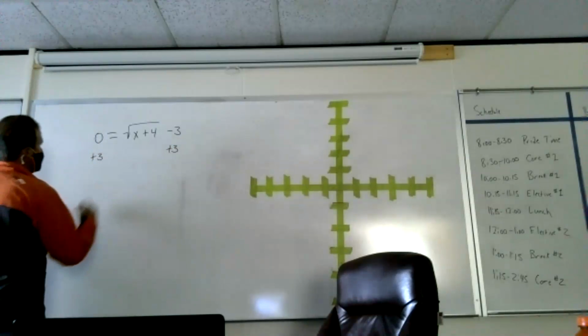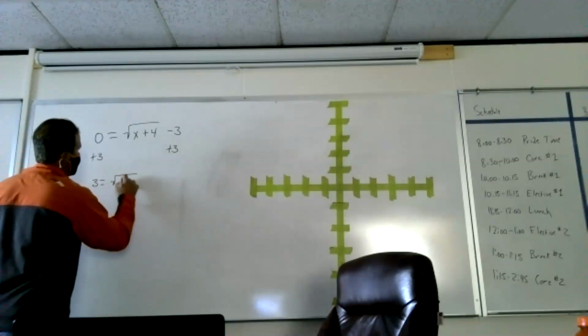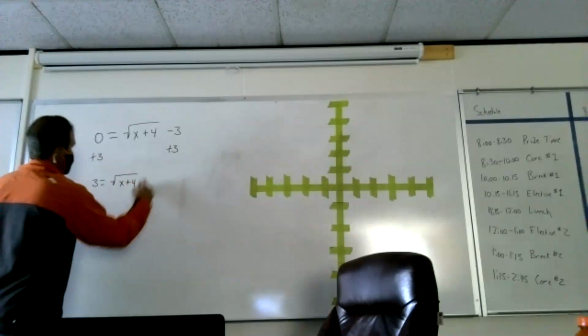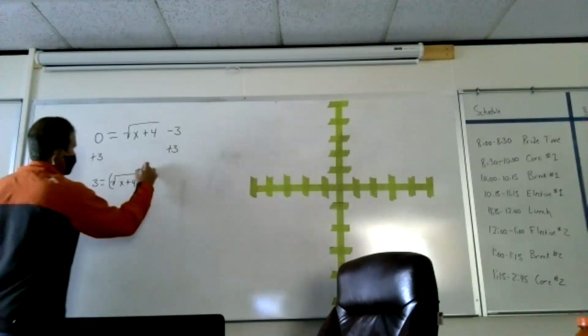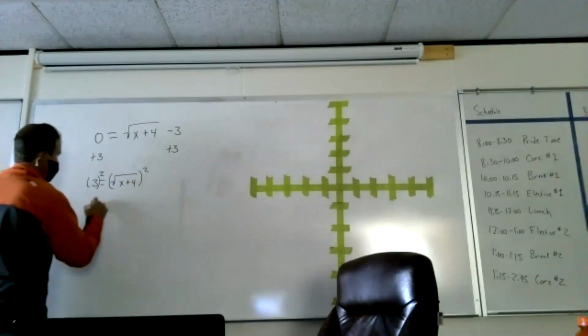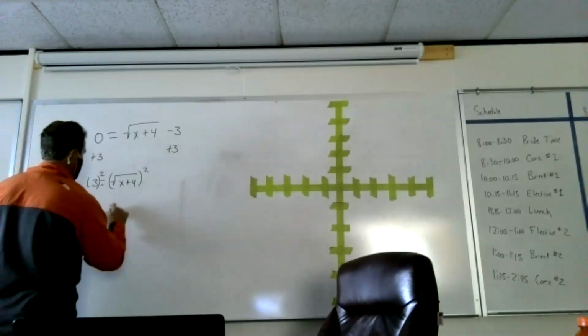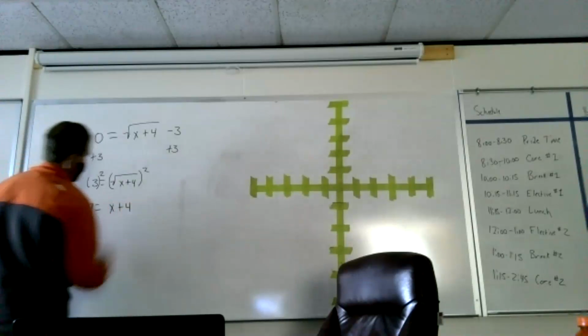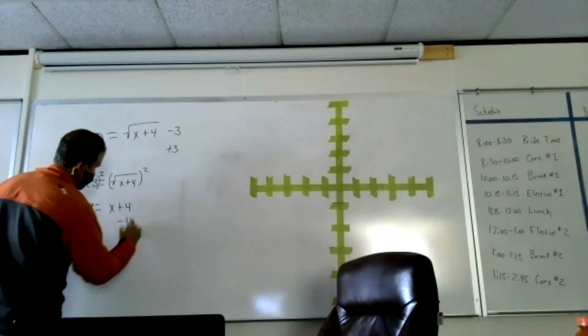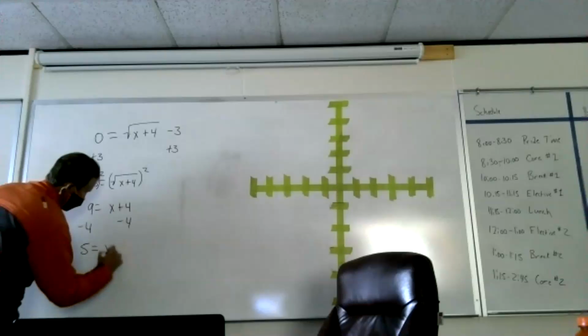That would give me 3 is equal to the square root of x plus 4. In order to get rid of my square root, I square both sides. 3 squared is equal to 9, which is equal to x plus 4. Now if I subtract 4 from both sides, I have 5 is equal to x.